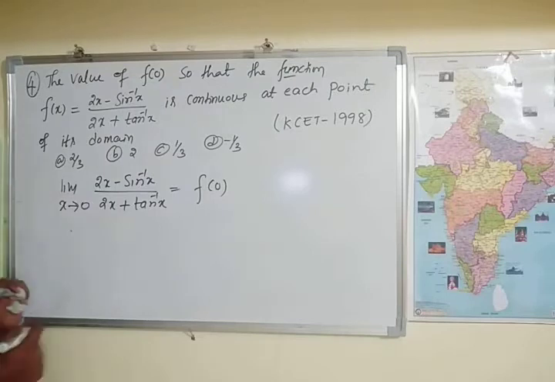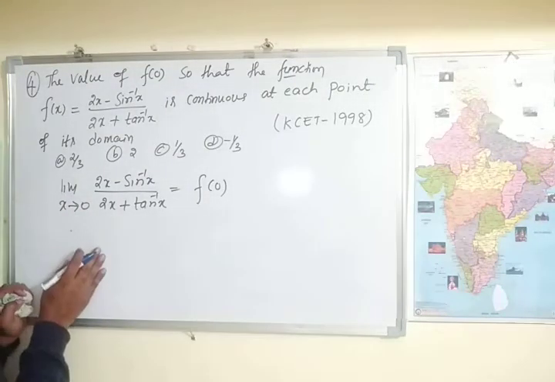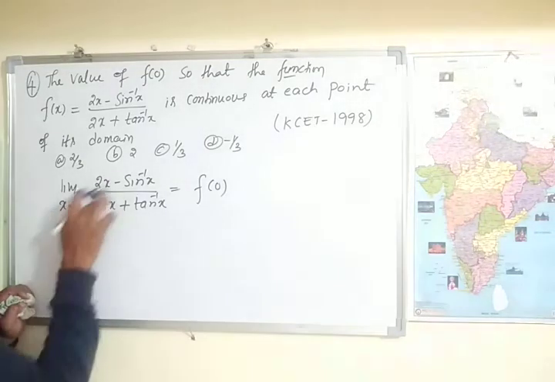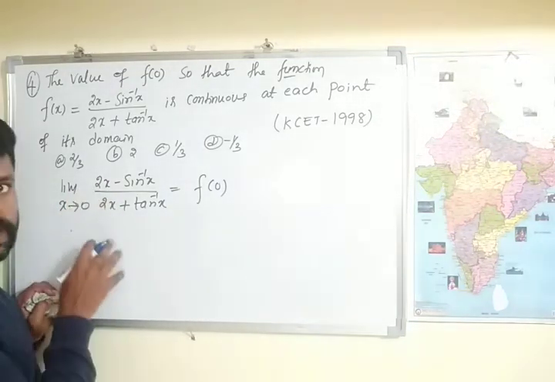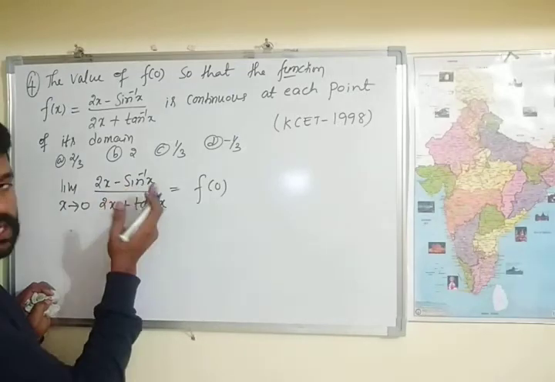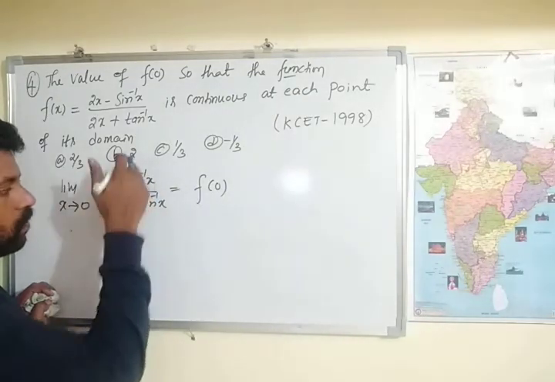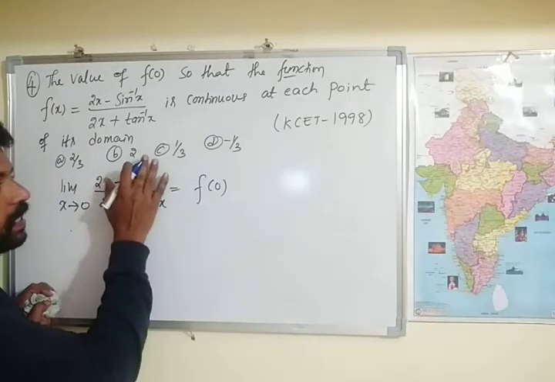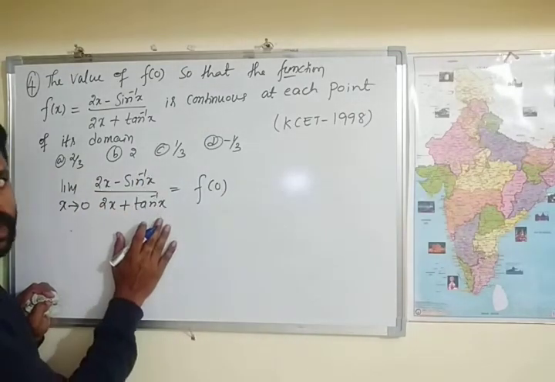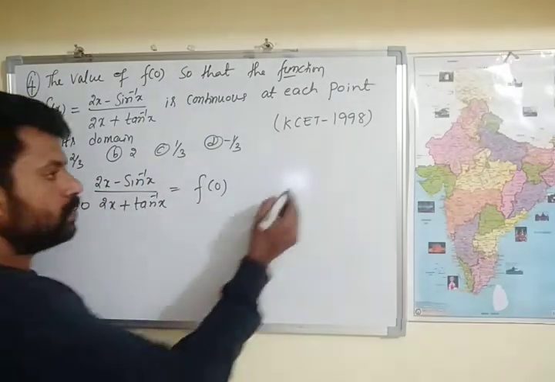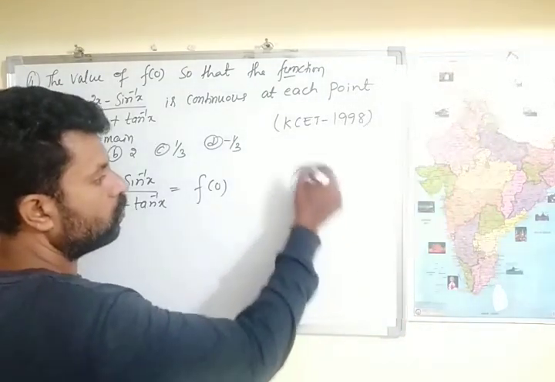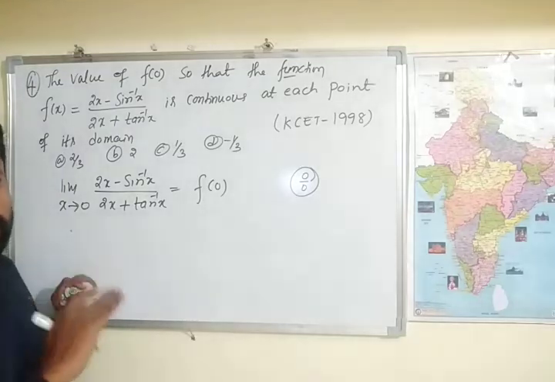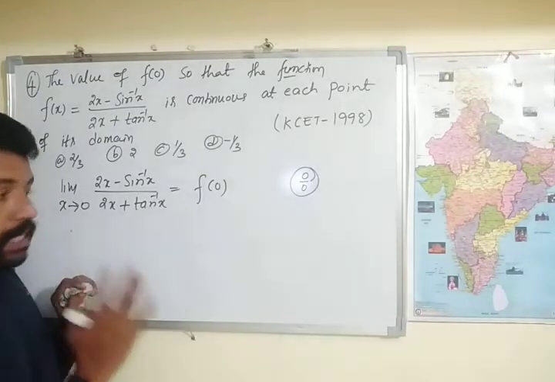Next step, x approaches 0, which means we substitute 0 in the place of x. We get 2 into 0 is 0 minus sin inverse of 0 is 0, so the numerator is 0, divided by 2 into 0 is 0 plus tan inverse of 0 is 0. Here we get 0 by 0 form, so we can apply L'Hospital rule: derivative of numerator over derivative of denominator.